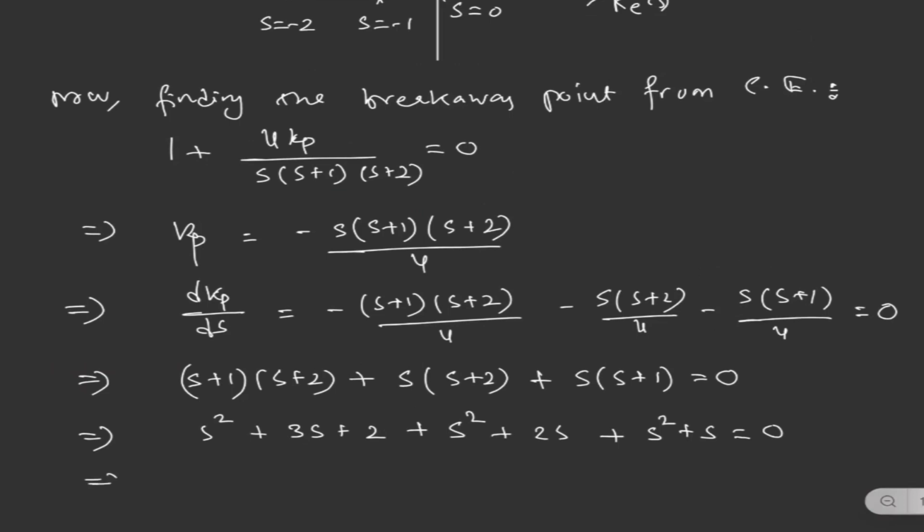If we simplify, it yields 3s squared plus 6s plus 2 equal to 0.